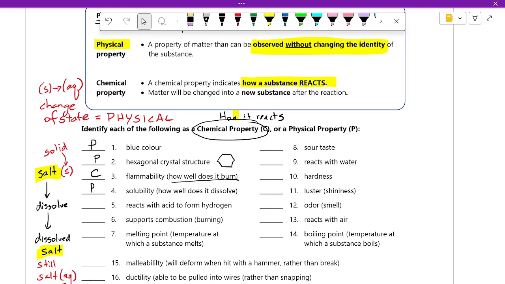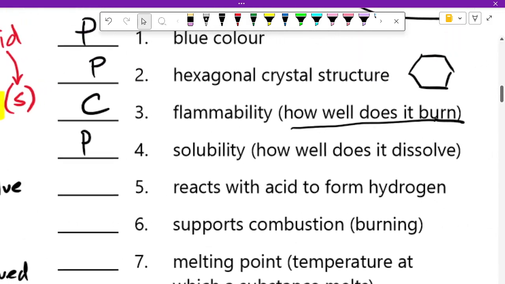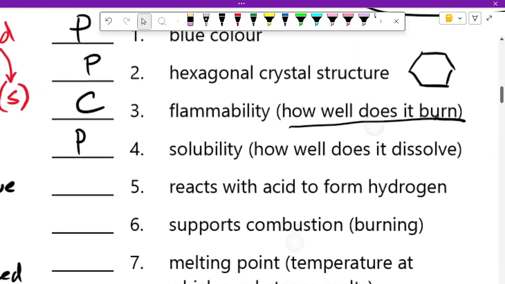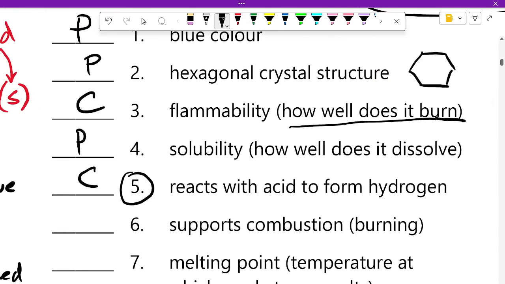All right. Next one we have reacts with acid to form hydrogen. C or P? Reacts with acid to form hydrogen. Number 5, C or P? C. Supports combustion or burning. C, because burning is a chemical reaction.